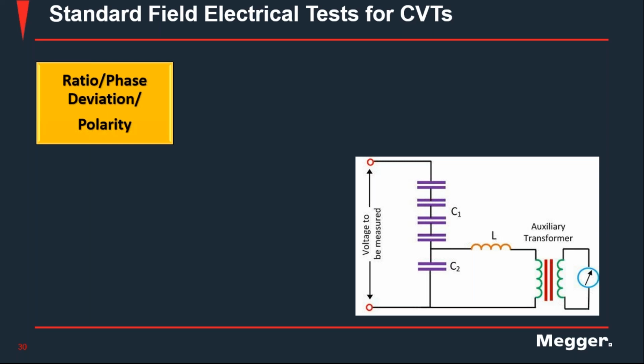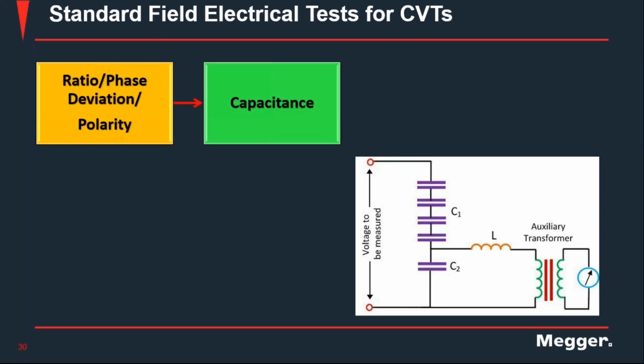The ratio in these instrument transformers is a little bit tricky to measure, because now you are dealing with the capacitive part. You need high voltage to perform the test, at least 2000 volts, and a very accurate metering system inside the instrument to be able to get the proper ratio and the proper phase deviation.